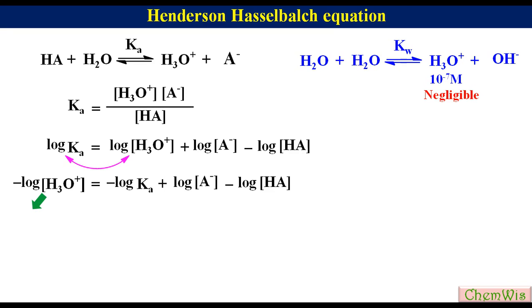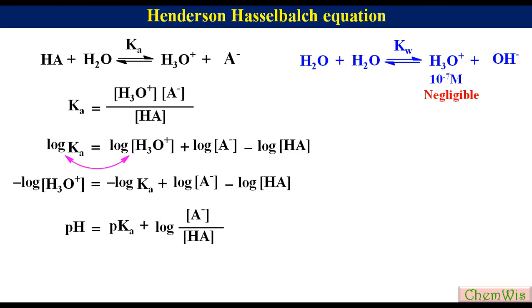Minus log hydronium ion concentration can be written as pH and minus log Ka can be written as pKa. So we can write pH is equal to pKa plus log concentration of conjugate base upon concentration of acid.